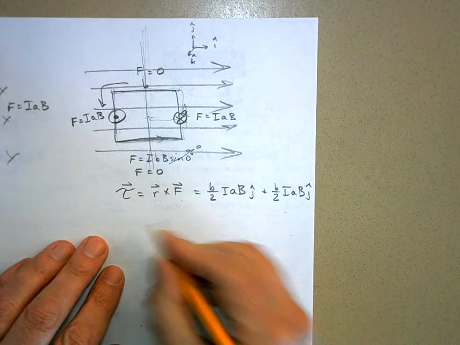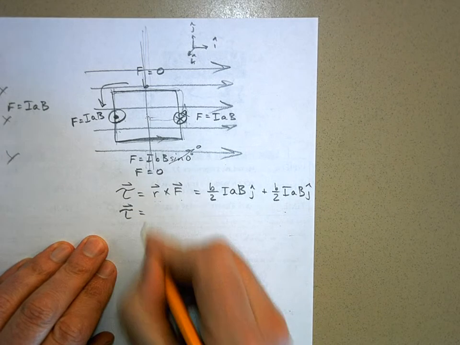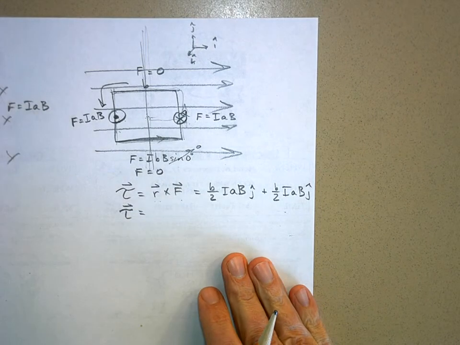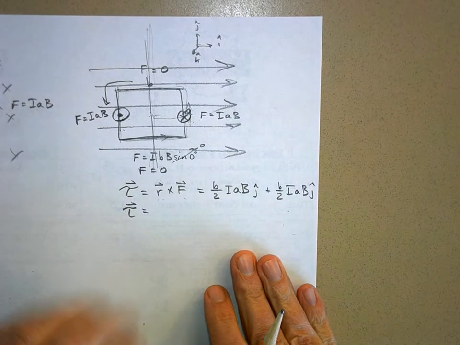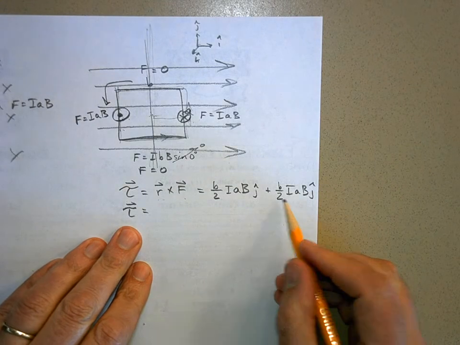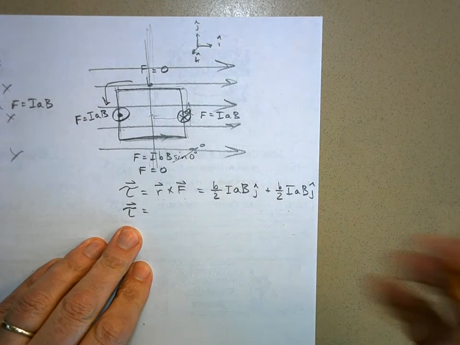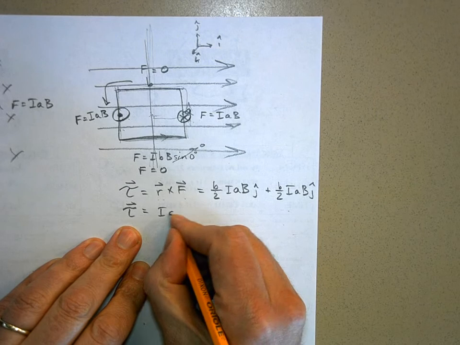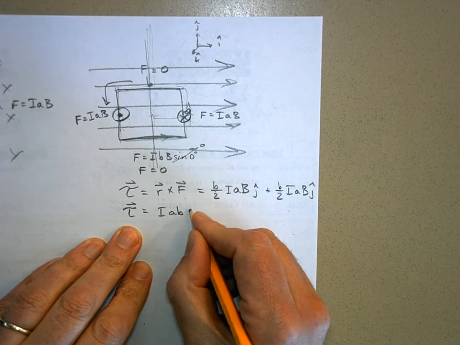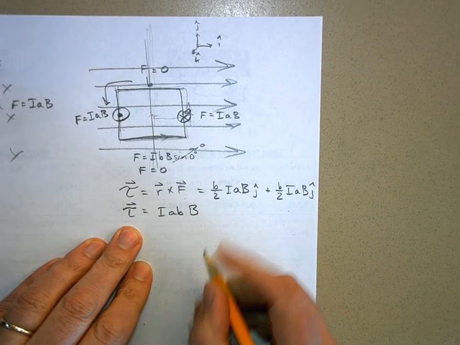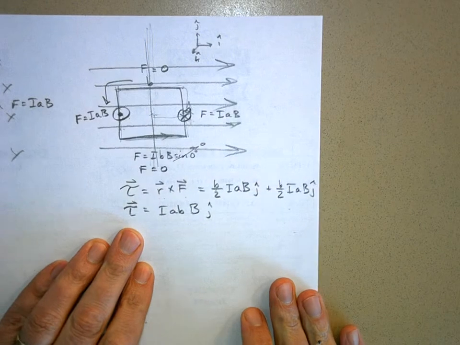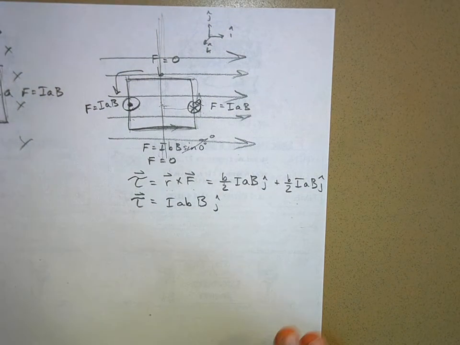So the torque is equal to B over 2 plus B over 2, which is just B. So it's I times A times B times big B in the J-hat direction. Now, do you see anything neat here? This is cool.